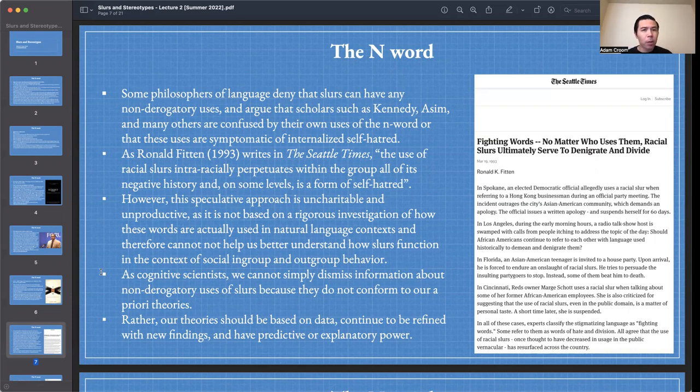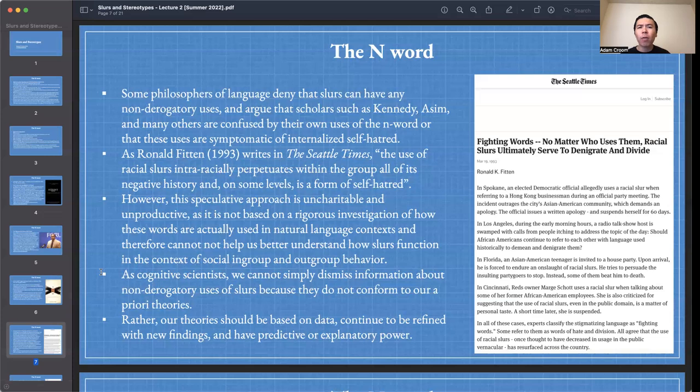Okay, so what's unfortunate about this approach by Ronald Fitton and others is that many intelligent speakers from the African American community have clearly stated that the N-word is used in their community in a non-pejorative way, right?